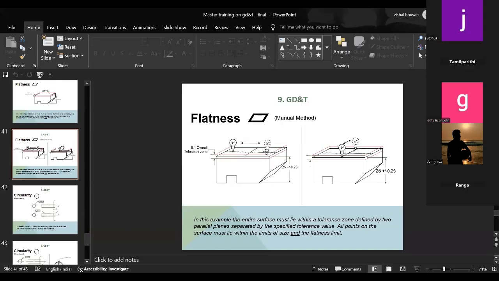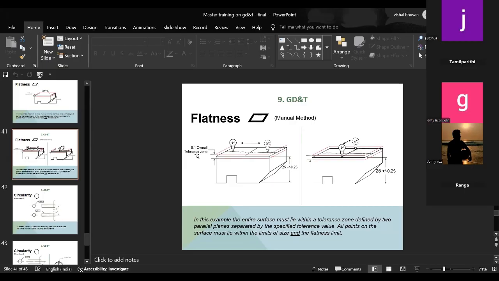The dial will be placed on the surface where we're going to check flatness, and then the dial will move in two linear directions. So the reading will be noted in the dial gauge. The reading must be below this tolerance zone.